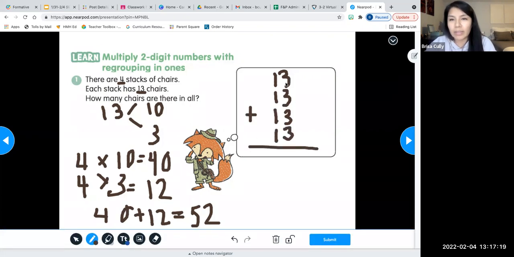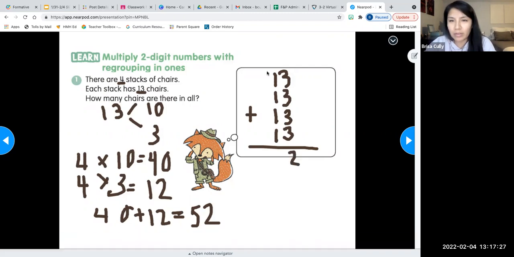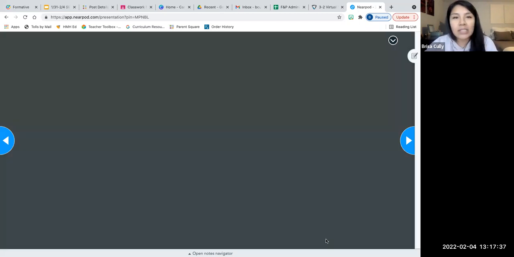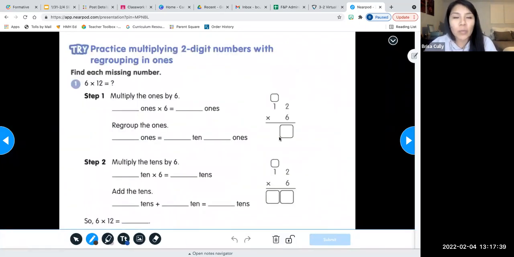And then we went 3, 6, 9, and then 12. Then I remember you put the 1 up top and then you were left with 5 ones, right? That's another way to check. Repeated addition, fantastic. So just make sure, don't be satisfied with just figuring it out the first time. You need to use another strategy to check your work.